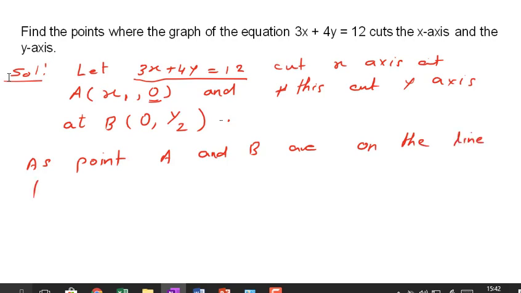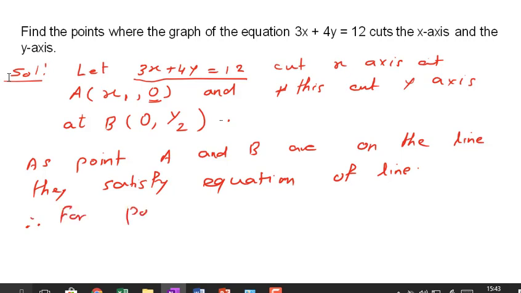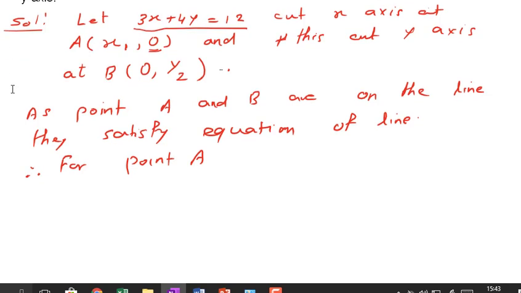So for point A: 3 into x1, the x coordinate of point A, plus 4 into the y coordinate, which is 0, equals 12.